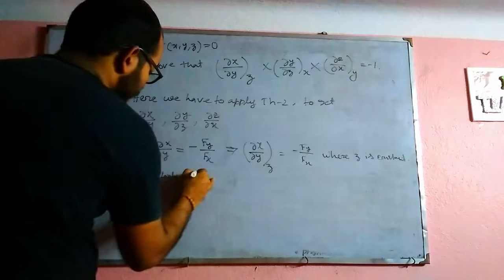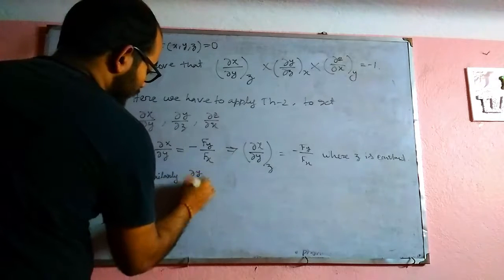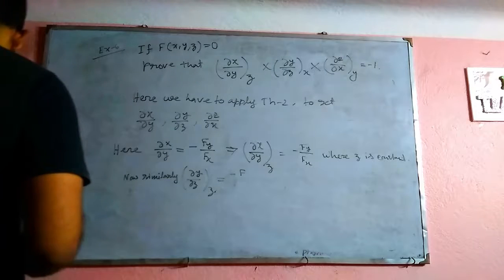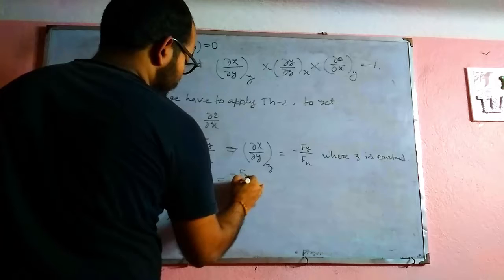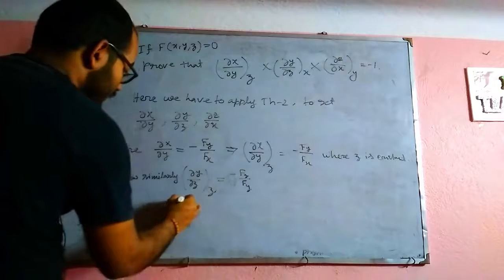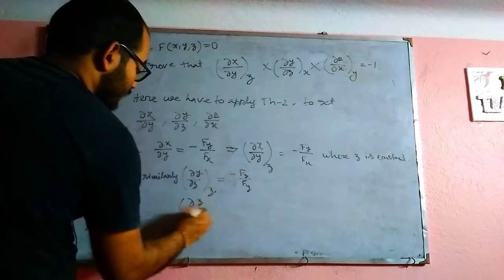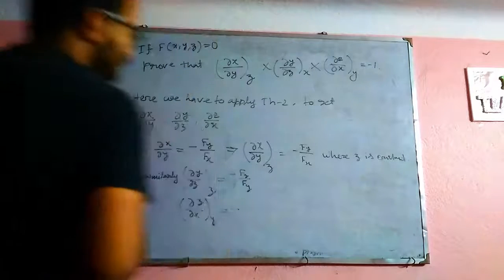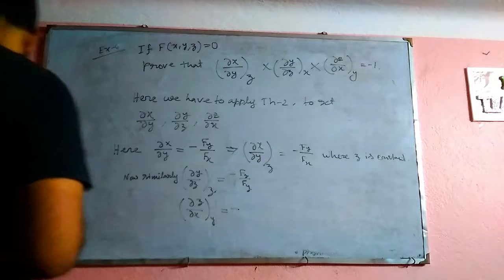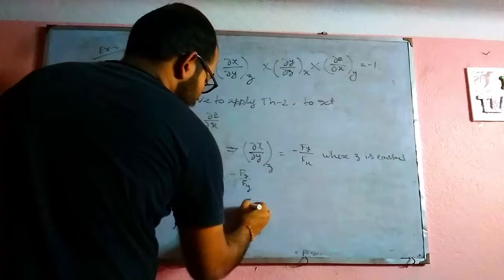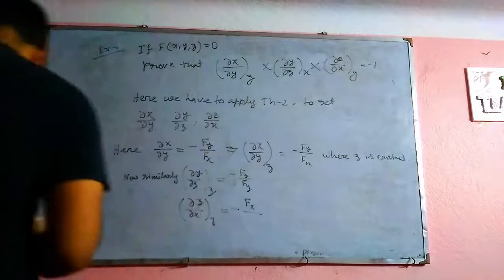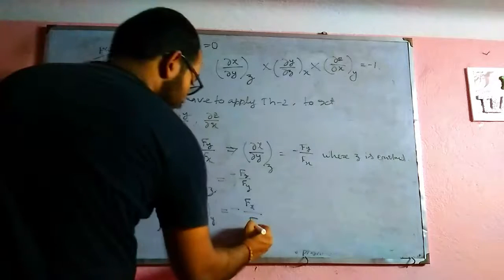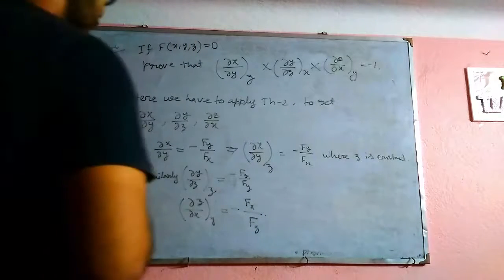Now similarly, del y/del z is minus fz by fy, where x is constant, and del z/del x is minus fx by fz, where y is constant.